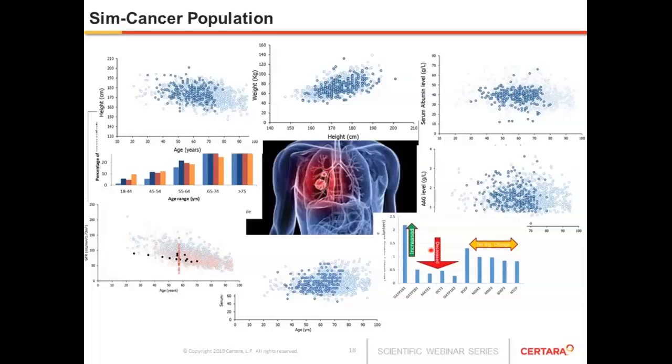A couple more questions. Can large molecules be modeled using the tumor model? Yes, yeah. I didn't have time to cover this, but essentially you can look at other proteins and peptides, as well as monoclonal antibodies and even ADCs.